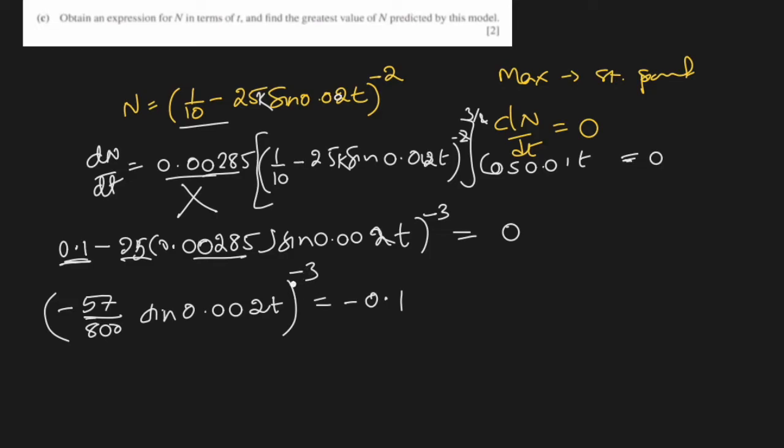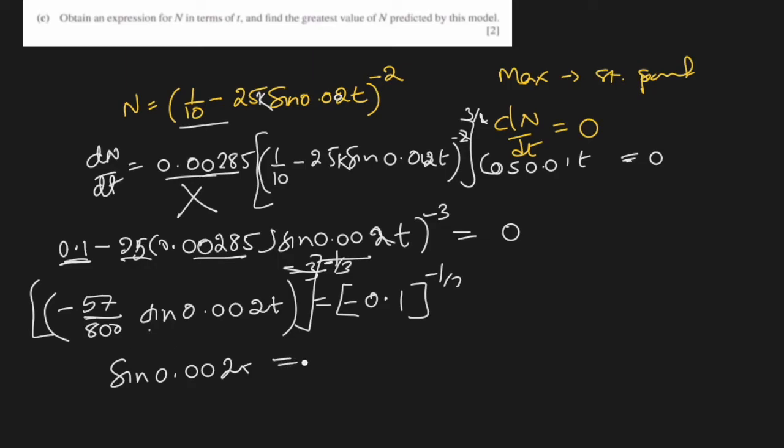And now to get rid of this negative 3, we will give it minus 1 over 3 as an exponent, and here also. So now we will write here sine 0.002t equal to (negative 0.1) to the power minus 1 over 3 divided by negative 57 over 800.